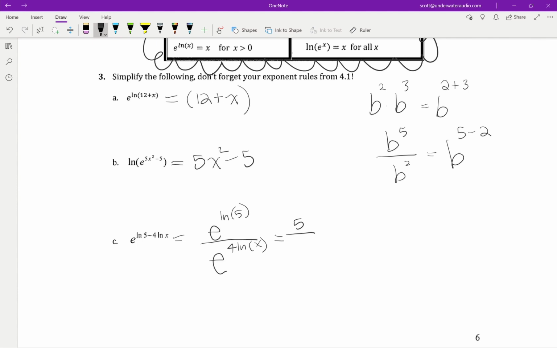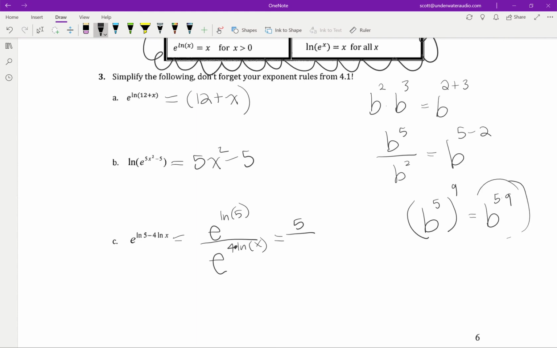But what I am thinking is this is 4 times natural log of x, and there's some rule, I think it's this one. So if you have b to the 5th raised to the 9th power, that's the same thing as b to the 5 times 9. So this is multiplication, what I have over on the left, e to the 4 natural log of x, just like what I have here.